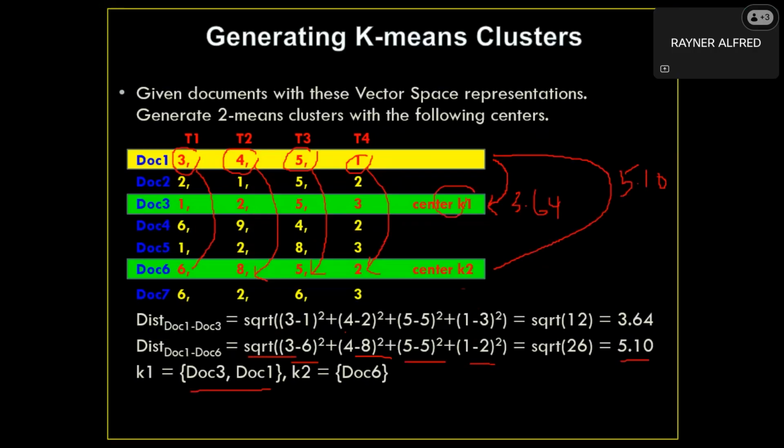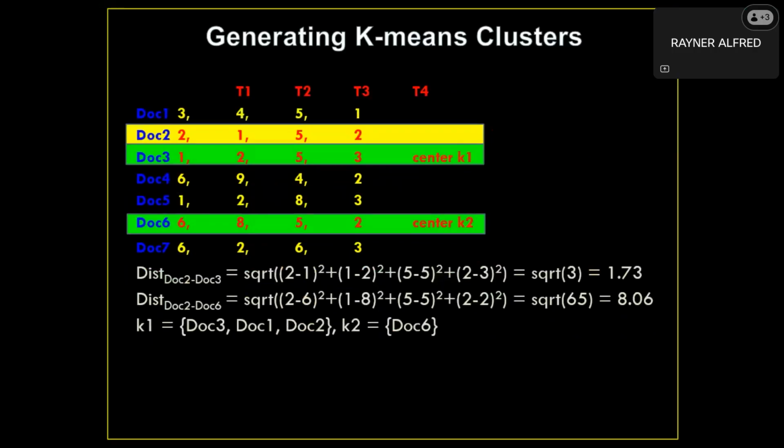You repeat again for document 2. So now you want to decide whether document 2 belongs to K1 or K2. So you do it again. You find the differences, take the square, add up the value, take the square root, you get 1.73.